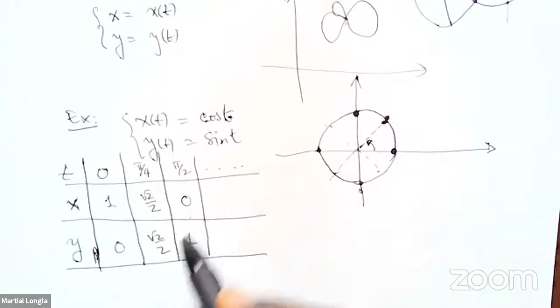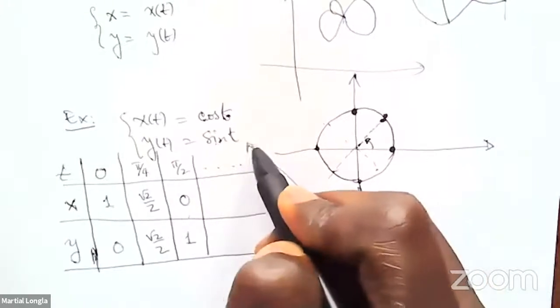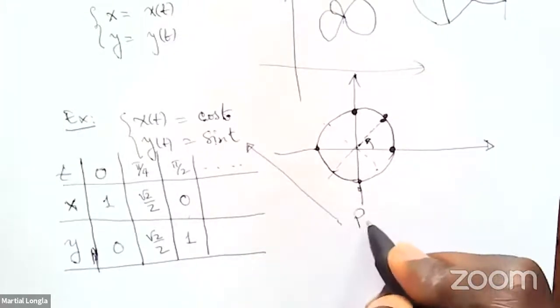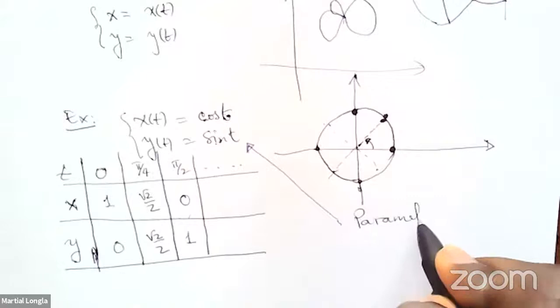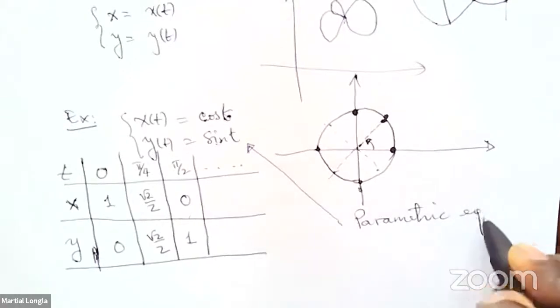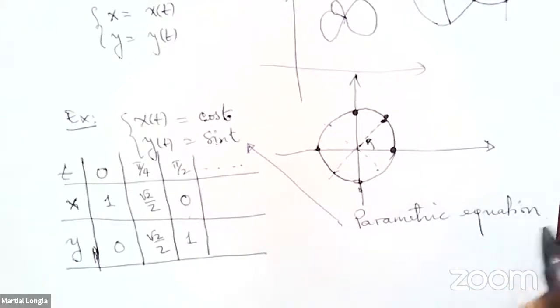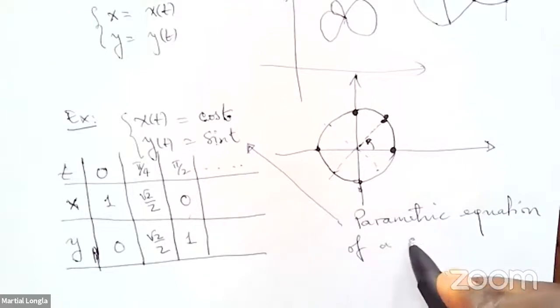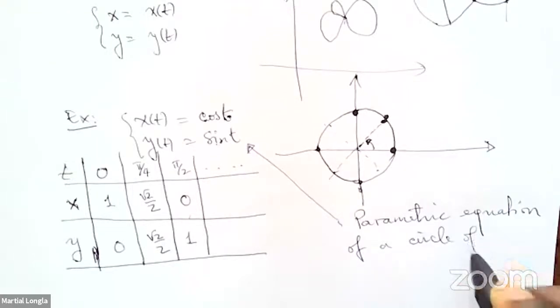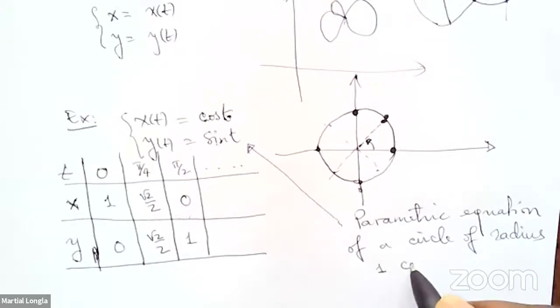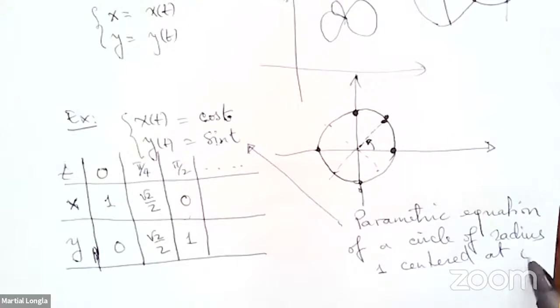So this here is the parametric equation of a circle of radius 1 centered at the origin.